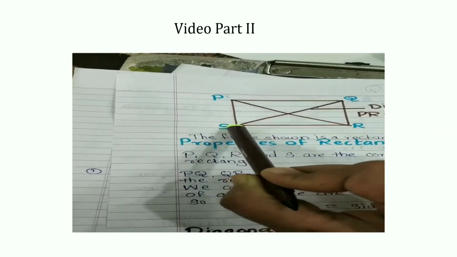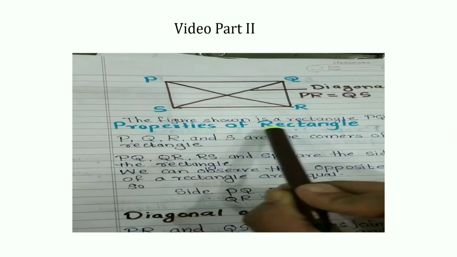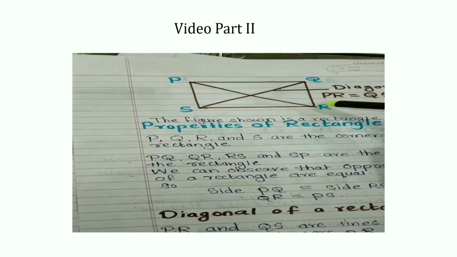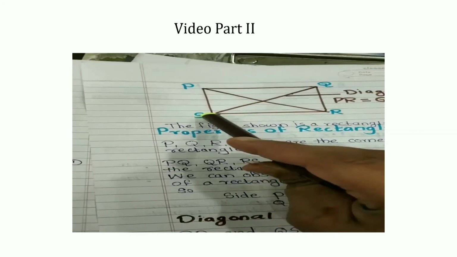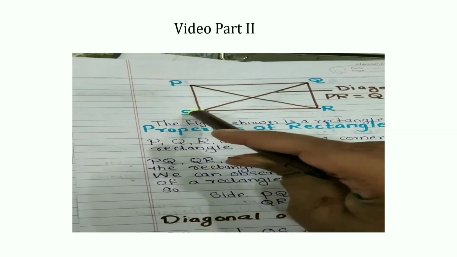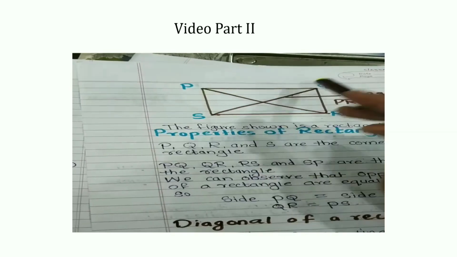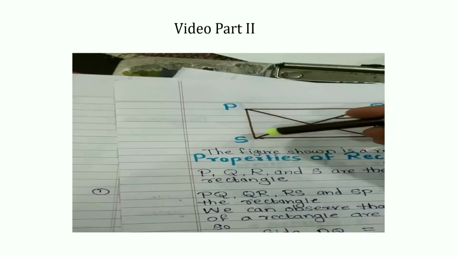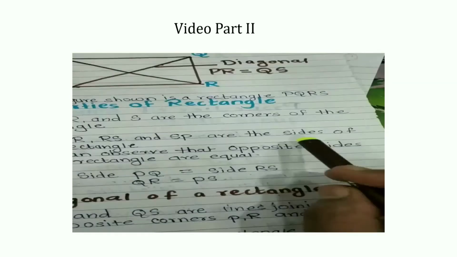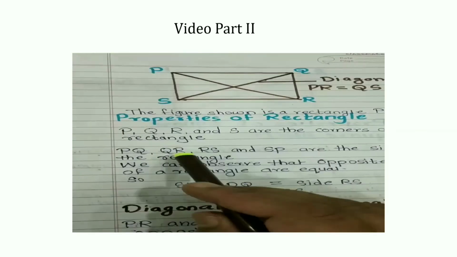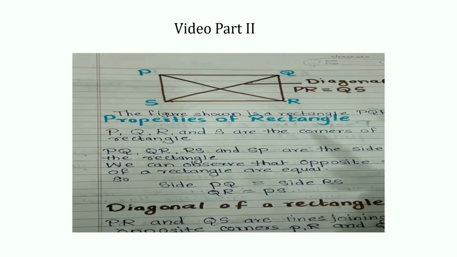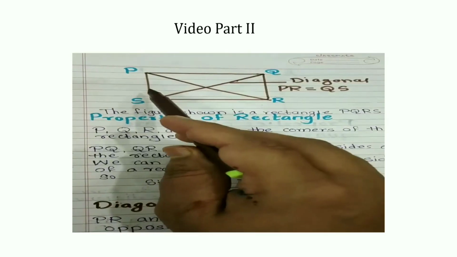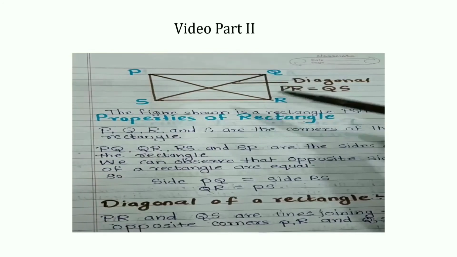and the figure shown is a rectangle PQRS. Now let us learn some properties of rectangle. P, Q, R and S are the corners of this rectangle, whereas PQ, QR, RS and SP are the sides of the rectangle. We can observe opposite sides of this rectangle are equal in size.